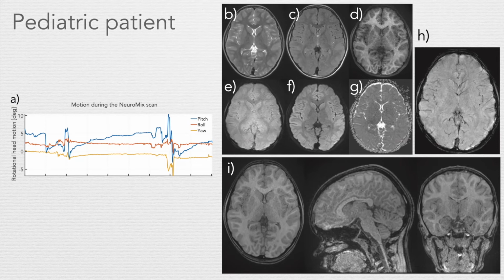The 3D sequences in H and I, H is actually the SWI, which is very sensitive to any kind of motion. So neither of these 3D sequences is immune to motion. But since they're so quick, you can be lucky, and as you see in I down there, have no motion really during these 23 seconds of NeuroMix.